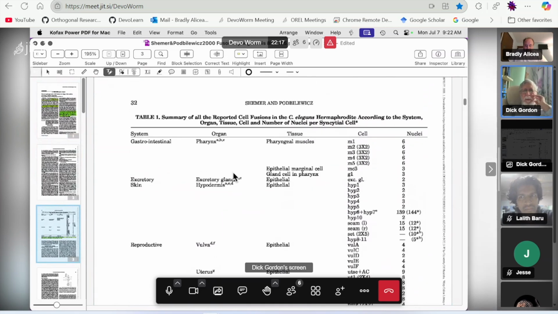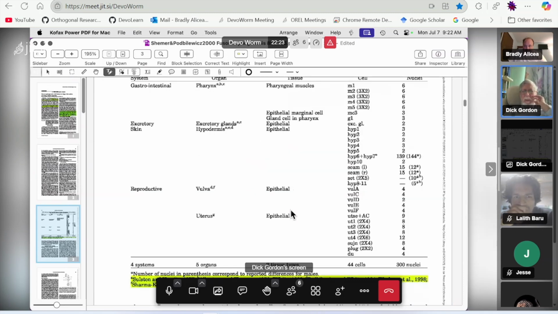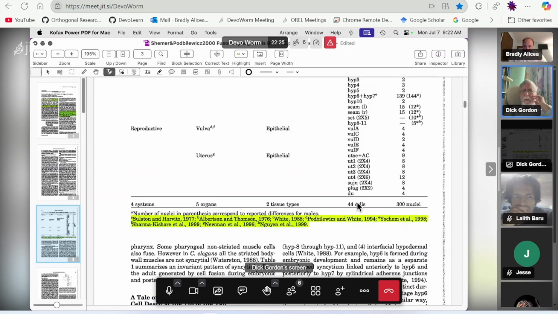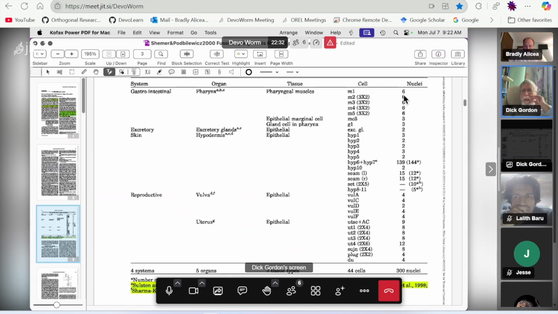Now, this is a table that claims that there are 44 syncytia, and this is the number of nuclei in each syncytium. The confusion I'm getting is that the cells are named here, but I can't tell if that's the name of the cell from which the syncytium came or the name of the syncytium cell.